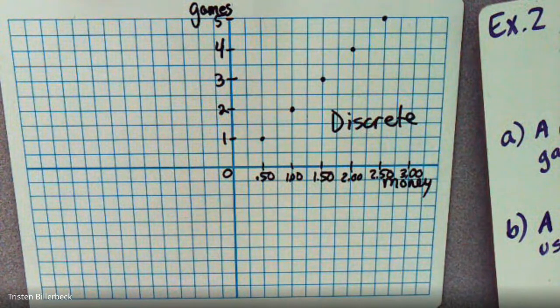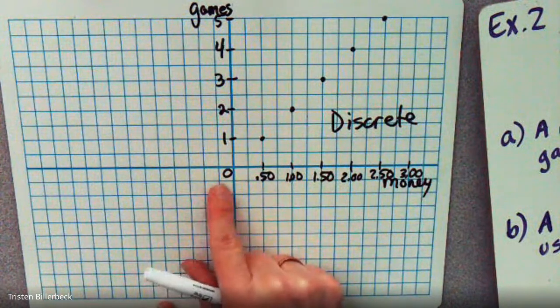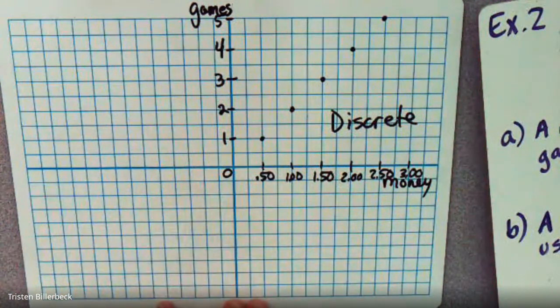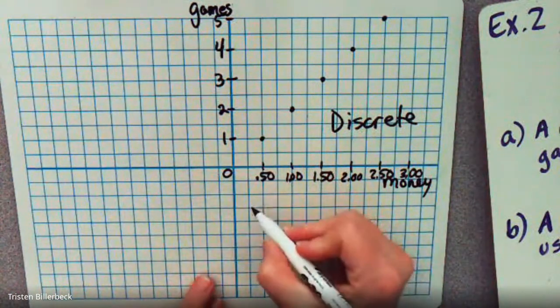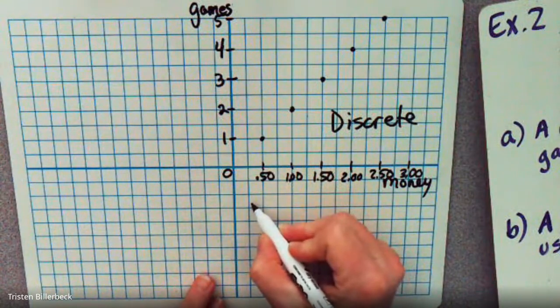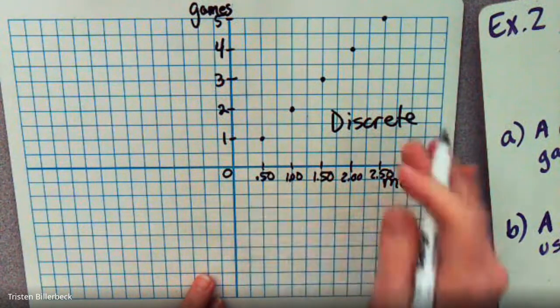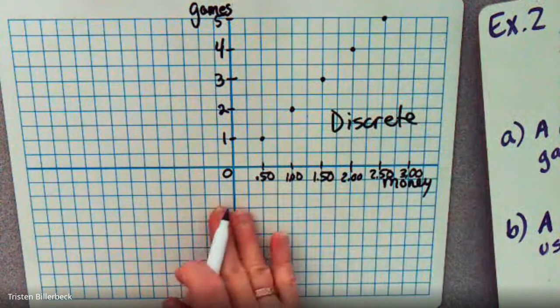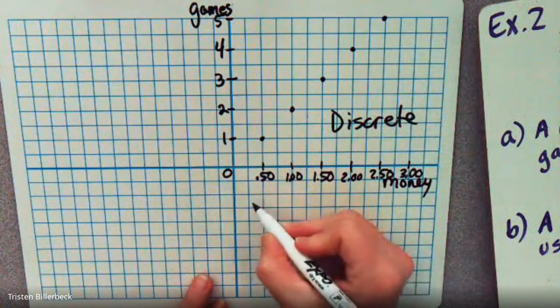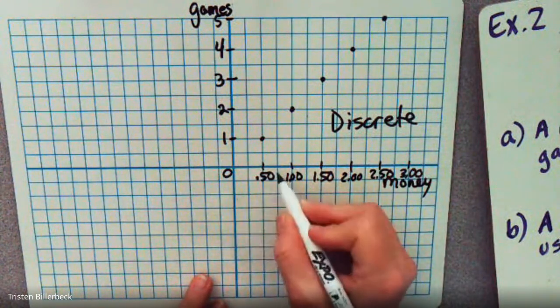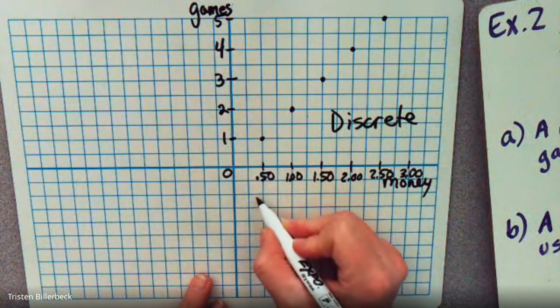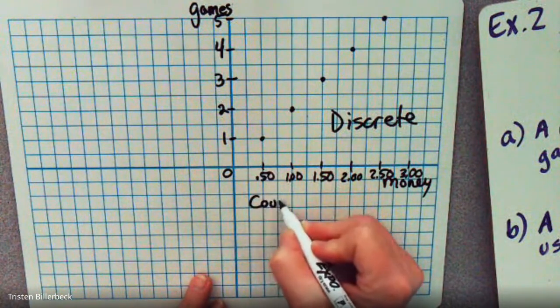Okay, and we have a limit too. We can't play negative games. So our data is going to be discrete data greater than 0. And we would do all counting numbers.